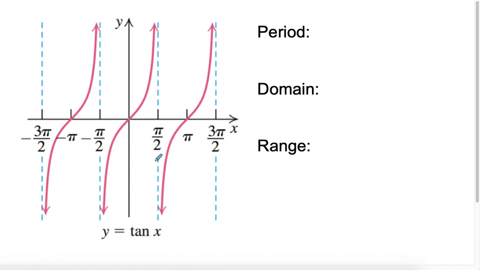So the period for tangent, remember period is the length of one cycle or the distance from the beginning of a cycle to the end of a cycle. So the distance from negative pi over 2 to positive pi over 2, well, that's a distance of pi. Same thing here. The distance from pi over 2 to 3 pi over 2, that is a distance of pi.